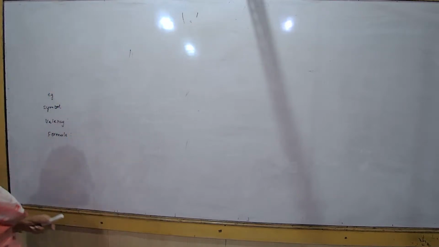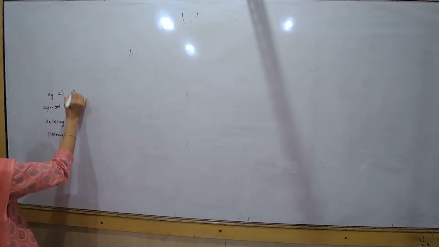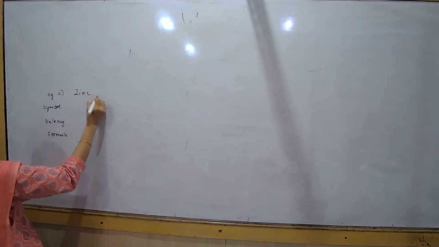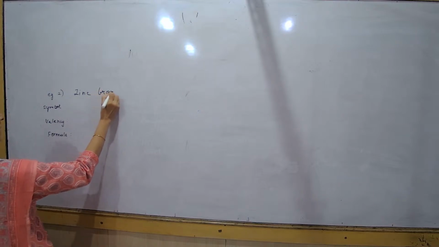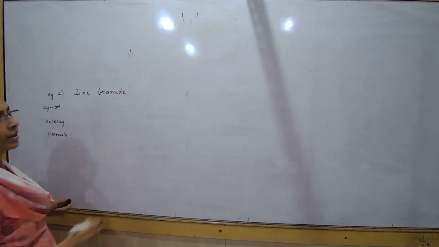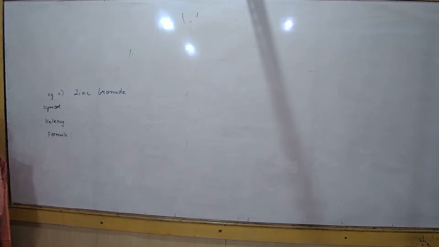Now I'm giving you another example. Let's see how we can do. Example 2. I am writing zinc bromide. Everybody, now you look at your table and you give me the formula. Come on, quickly. Zinc bromide. Look here in your table, in your textbook.